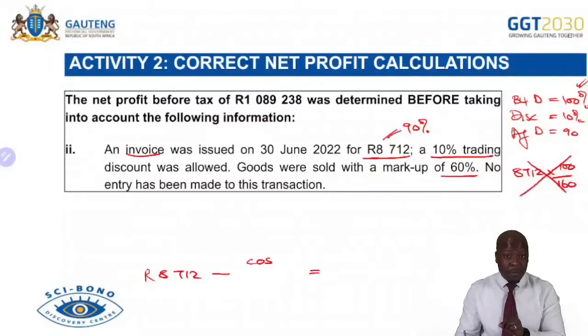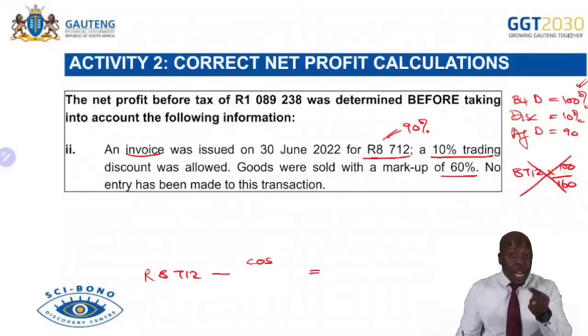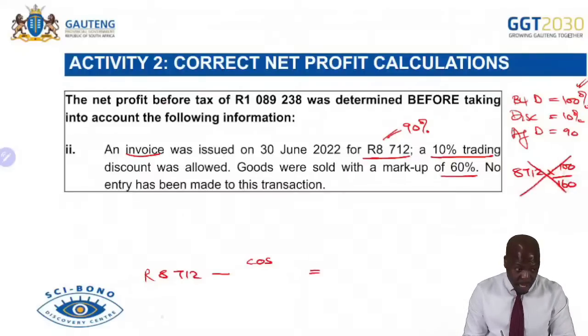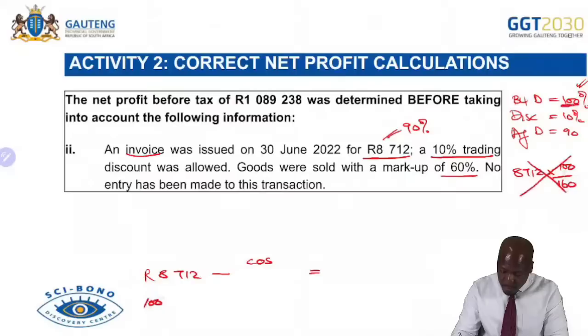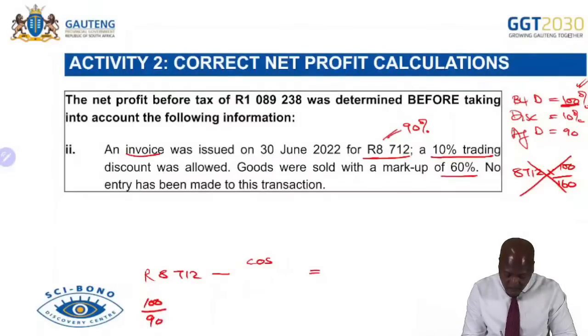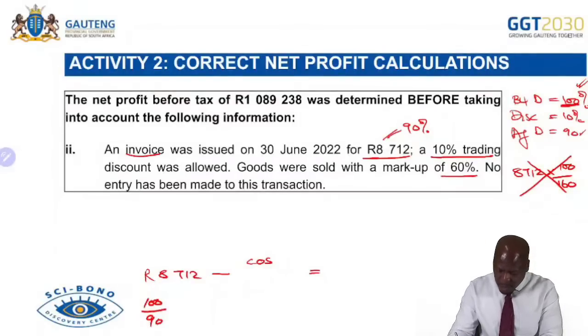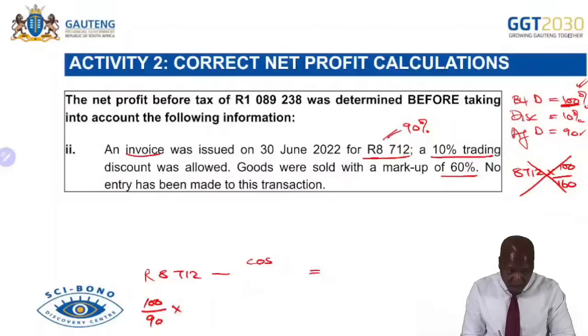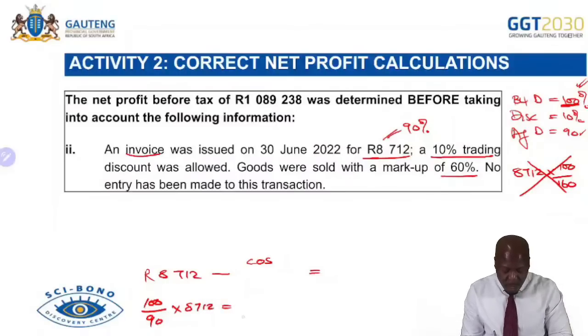You can't do that because there was trade discount that was given. So we need to know how much was it before the trade discount. So what we want is 100. You remember this 100 here. But what do we have? We have 90. How do we know it's 90? Here, after discount. So we have 90, multiply that by your 8,712. This will give me now the amount that was supposed to be the sales before discount, that is 9,680.